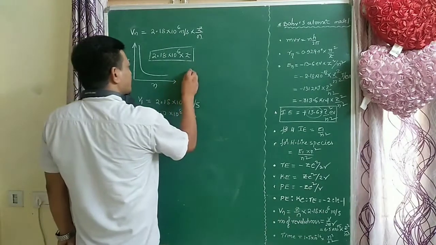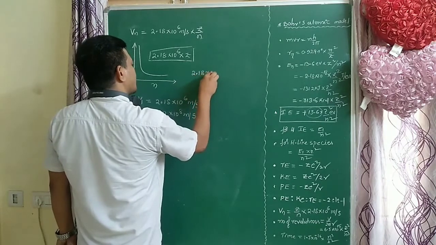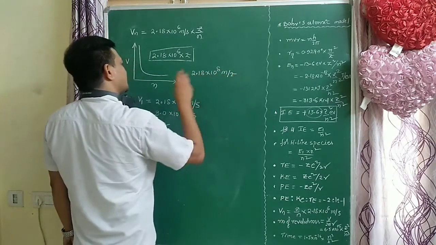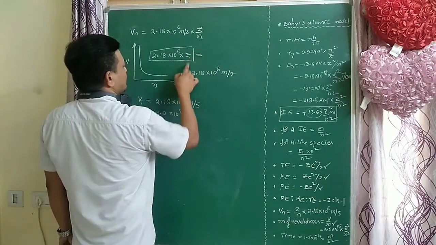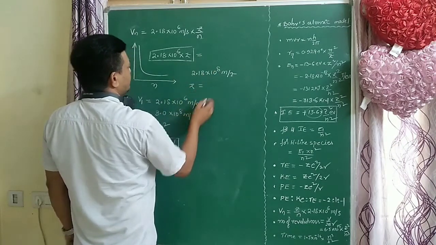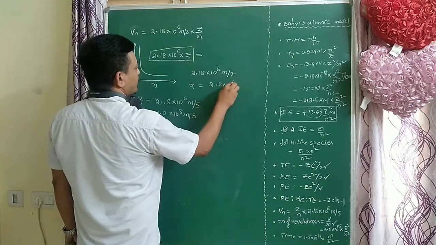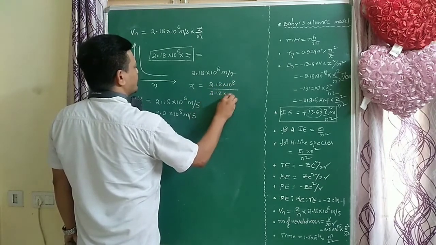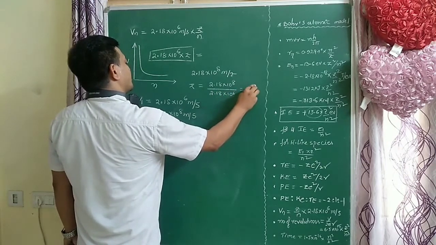Here slope equals 2.18 into 10 power 8 meter per second is given. So what is the Z value? Slope equals this, so calculate Z. Z equals 2.18 into 10 power 8 by 2.18 into 10 power 6, that equals 10 power 2.